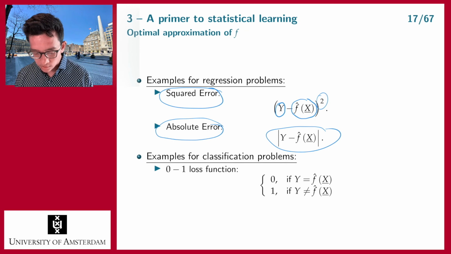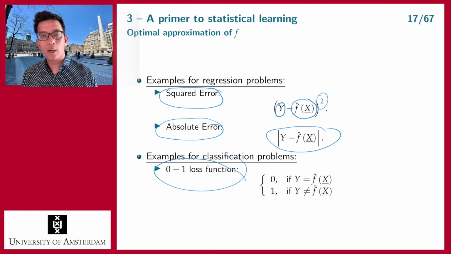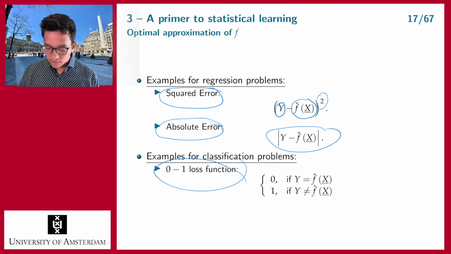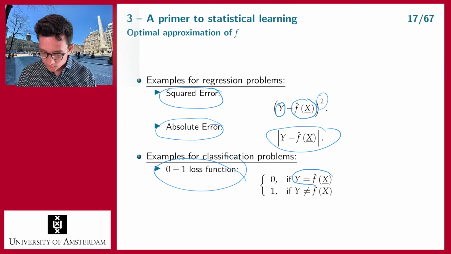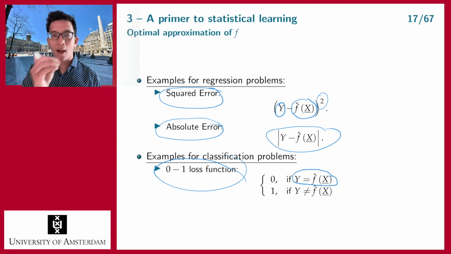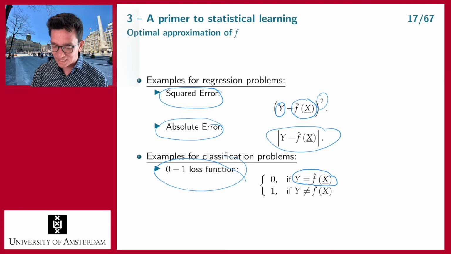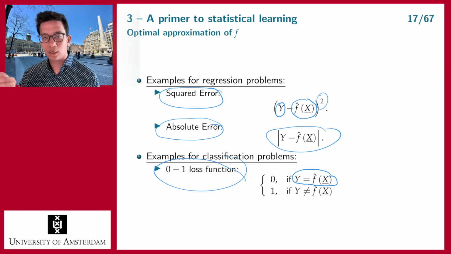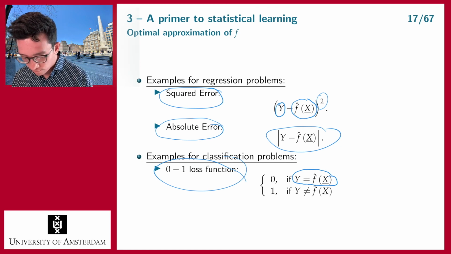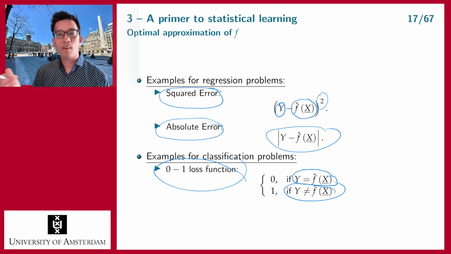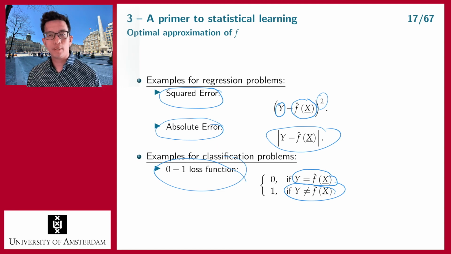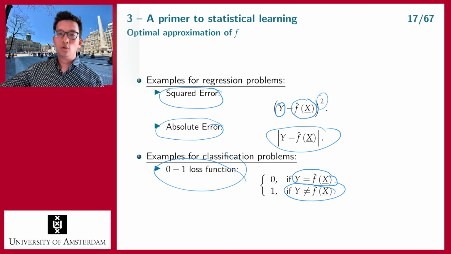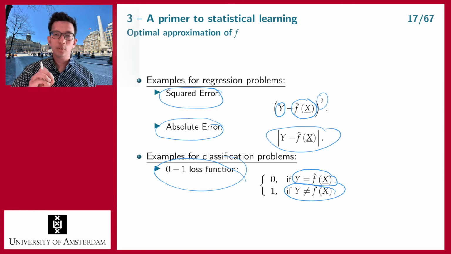In that case, we can say, well, let's use the 0,1 loss function. That tells you, well, if you correctly classify, so if the class y you are trying to predict is exactly equal to f hat, the class that you predicted, there is no loss. We put 0. If you misclassify, so if y is different from f hat, your penalty is 1. Then it doesn't matter what other class you took, you misclassified, so we put error 1.